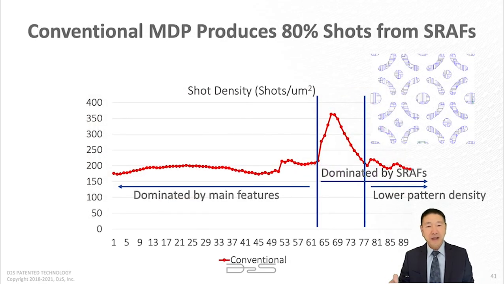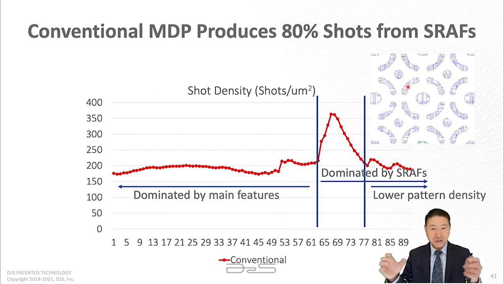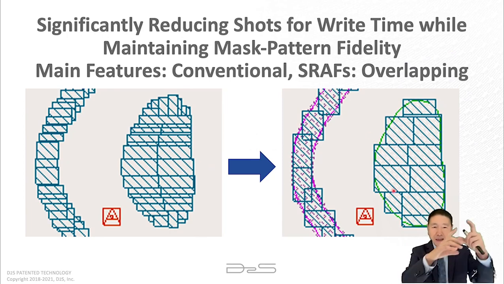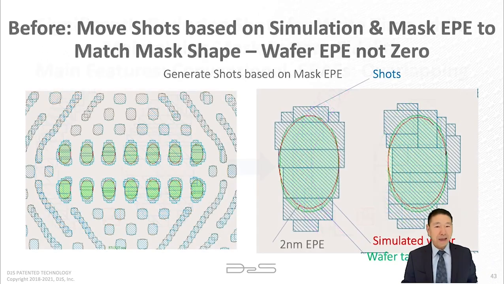Then the next thing is to reduce the number of shots. It turned out 80% of the shots come from SRAFs. That makes sense; for contacts, there are many SRAFs. So if we can significantly reduce the shot count on SRAFs by using overlapping shots, while keeping the main pattern still using conventional shots, we can get the job done.